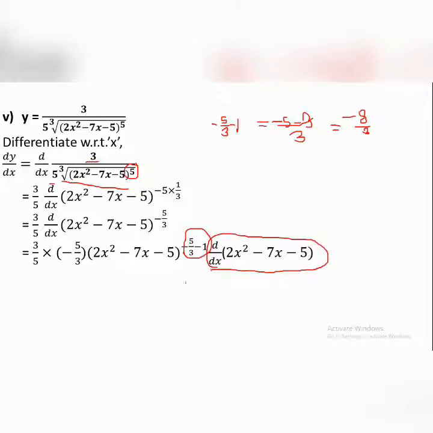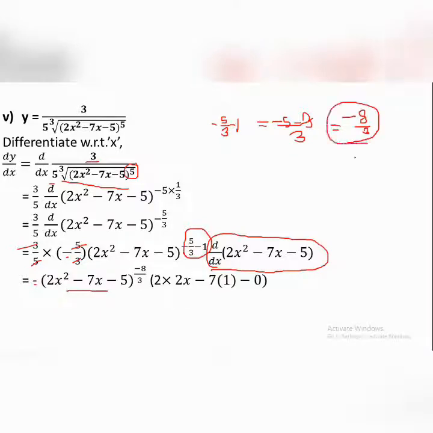So let's see. Here 5 are cancelled, 3 are cancelled. So what remains? Only the minus sign remains. Likewise here the minus sign is there. And this bracket is as it is and the power becomes minus 8 upon 3.